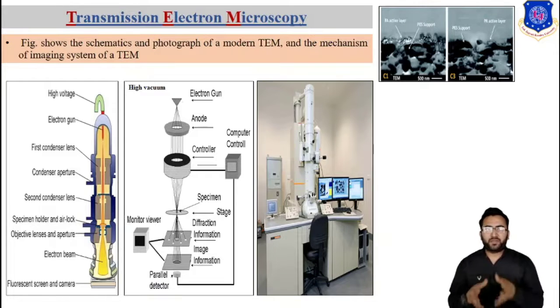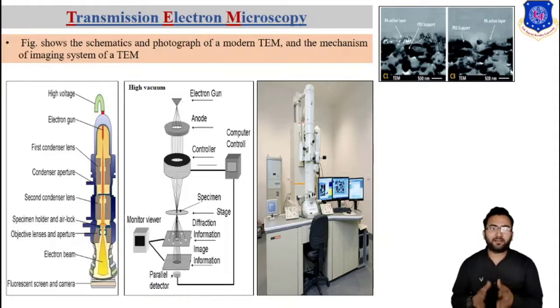In TEM, the visible light ray is replaced by an electron ray, and the glass lenses for visible light are replaced by electron magnifying lenses. The TEM contains further features arising from using electrons for illumination. For example, a vacuum environment is required.